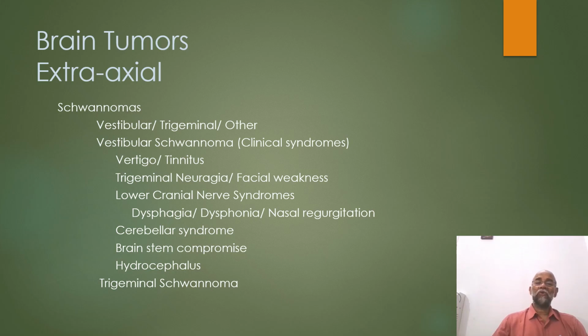Vestibular schwannomas can produce clinical symptoms because of involvement of the vestibular nerve, that is vertigo. It can involve the acoustic component, in which case initially you get tinnitus and later you can have hearing loss. Impingement of a vestibular schwannoma on the trigeminal nerve, especially if there is a vessel trapped in between, sometimes produces trigeminal neuralgia.